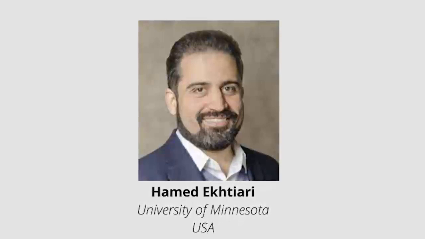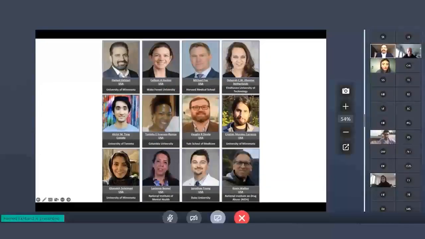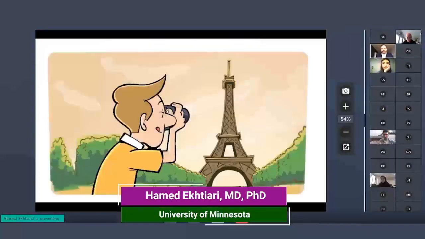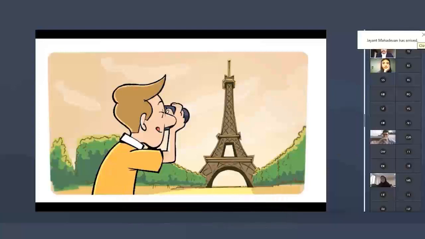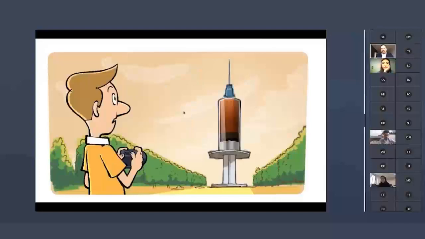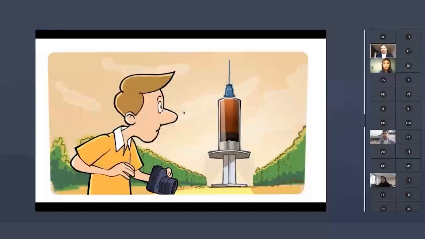So we already have a lineup of something like 12 speakers right now. It's gonna be a delightful meeting discussing optimization of brain stimulation interventions for people who are suffering from substance use disorder. The basic idea is, as you can imagine, there are neural circuits involved with addiction-related behaviors.